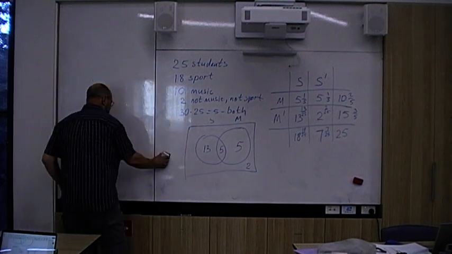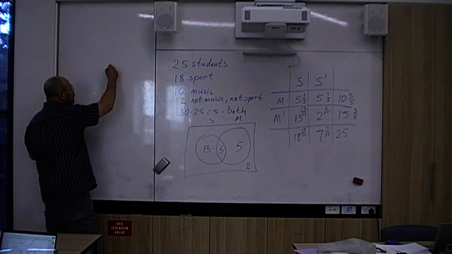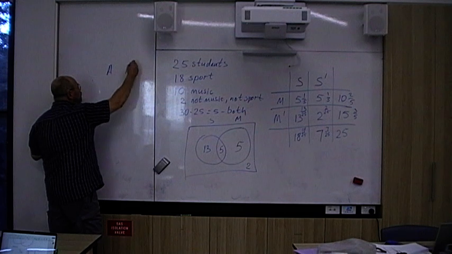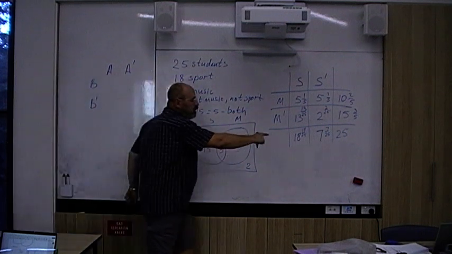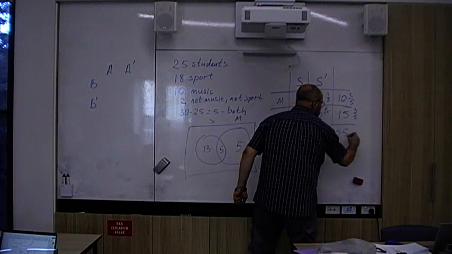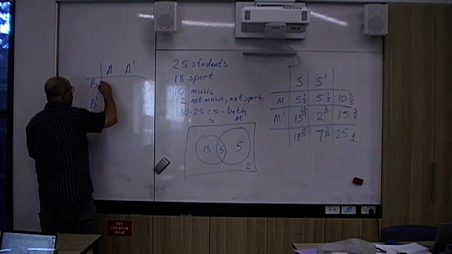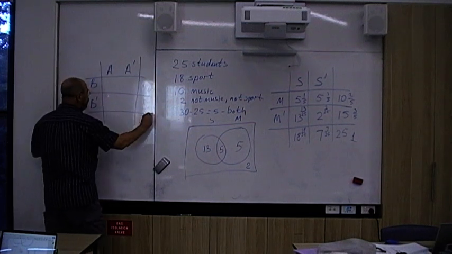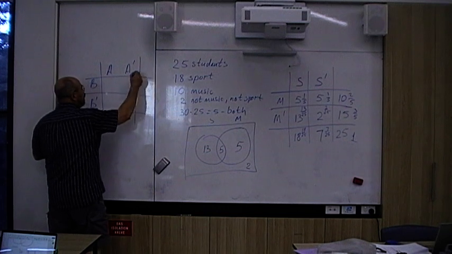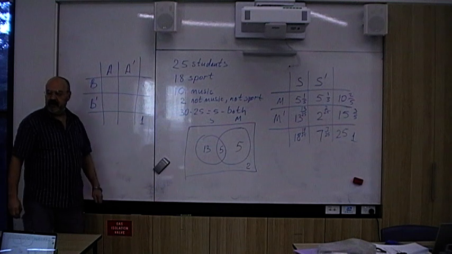Now, can you help me to fill in a probability table? Let's say we have A dash, B dash. By the way, the probability total here should always be 1. Part of the table will be filled, and you will need to help me fill what's missing. This is always 1. Probabilities add up to 1.